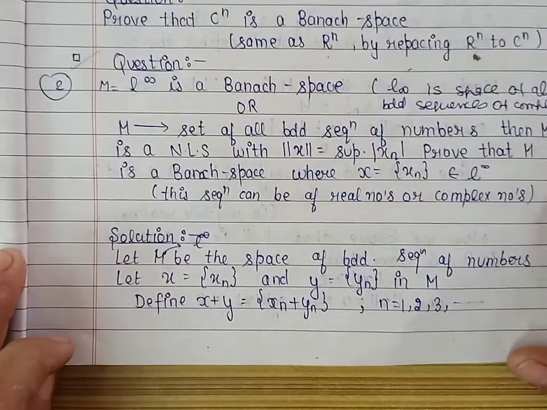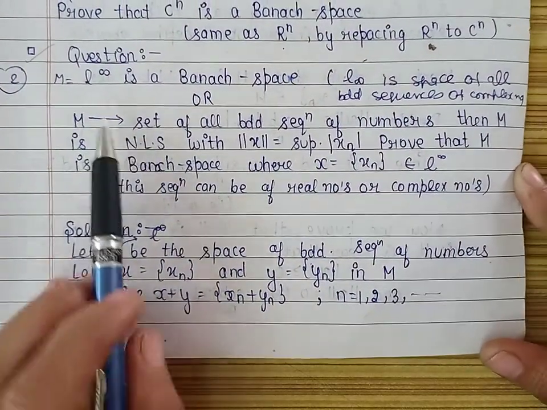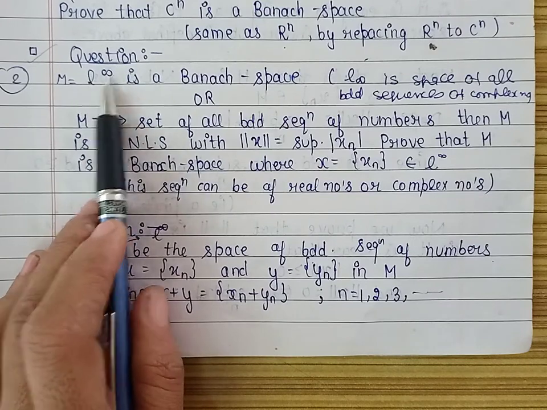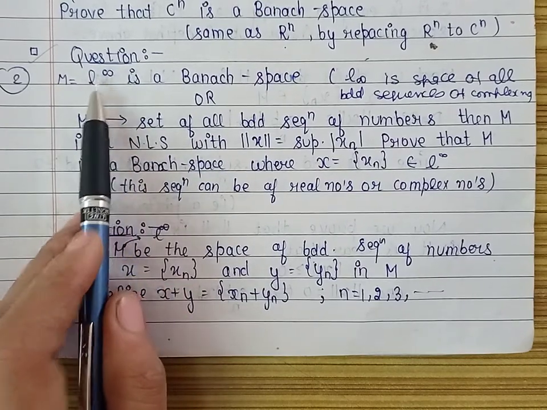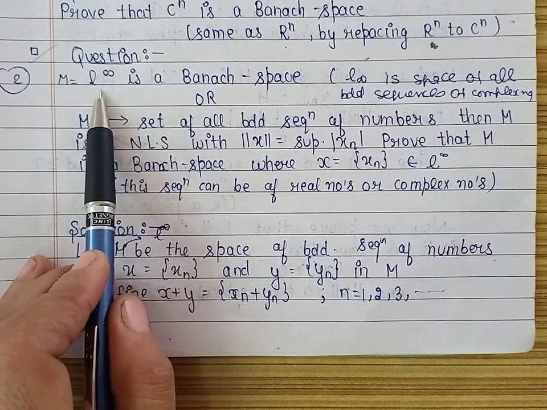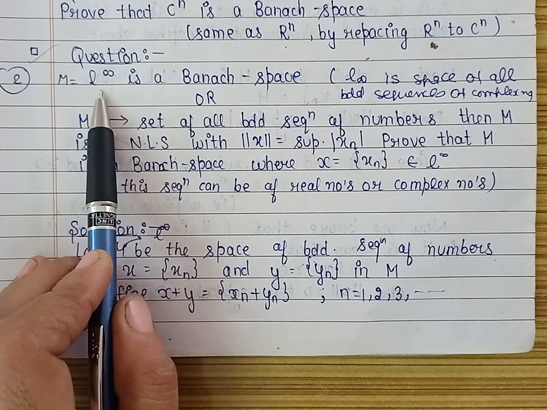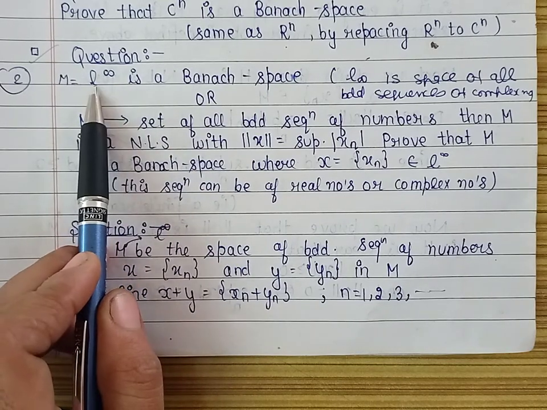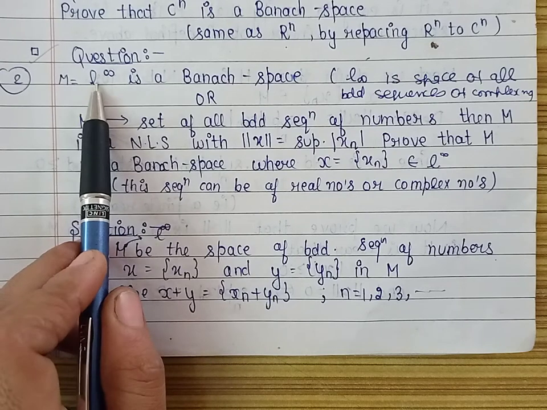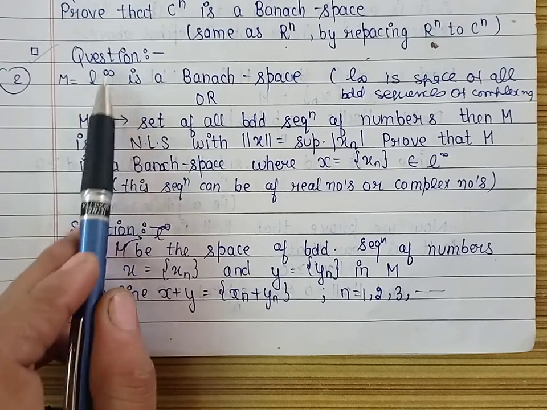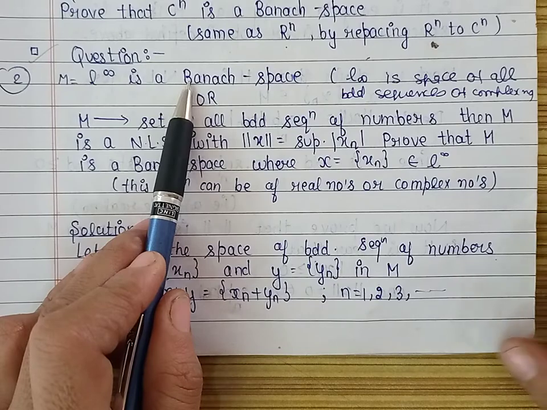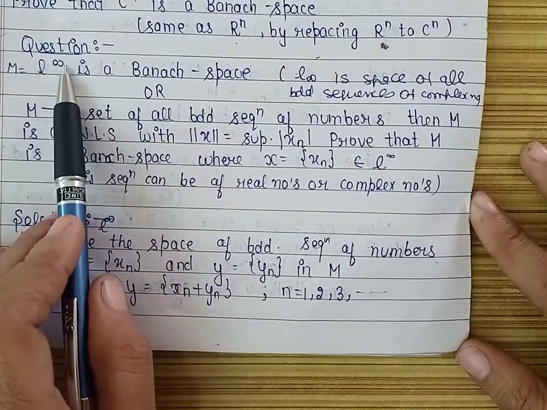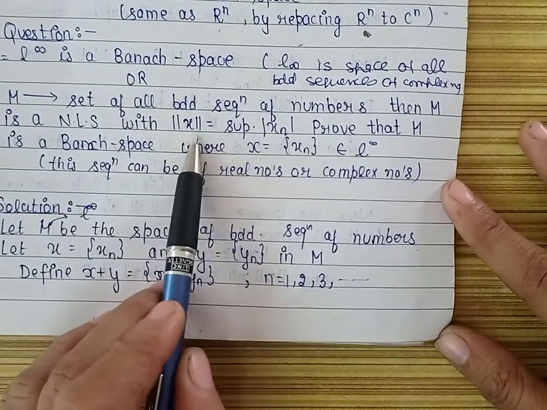Our next example: we will prove that the sequence space L infinity, the space of all bounded sequences of complex numbers, is a Banach space. This is called a sequence space. In this space we define the norm of an element.